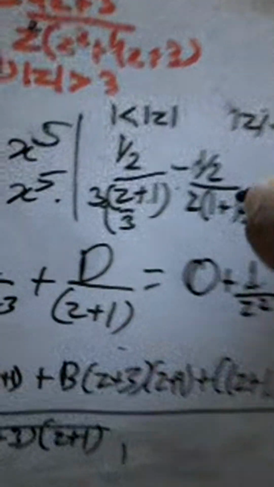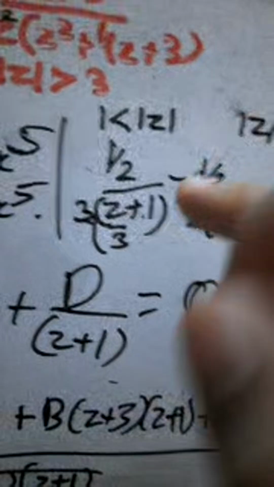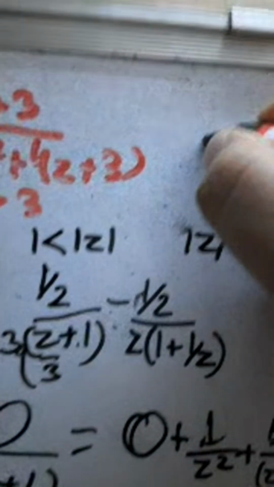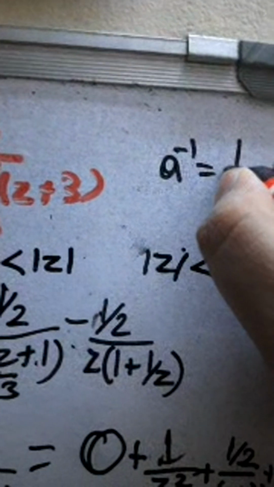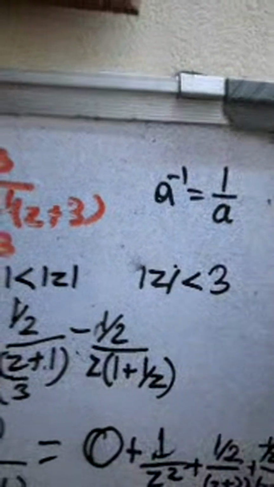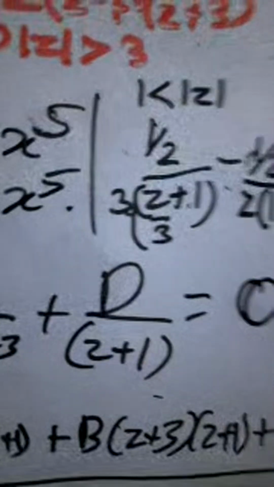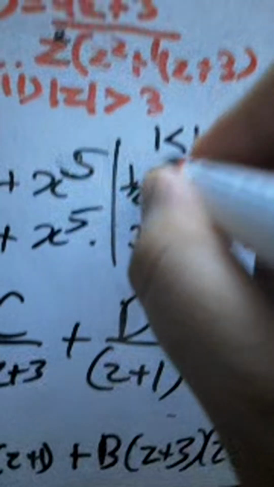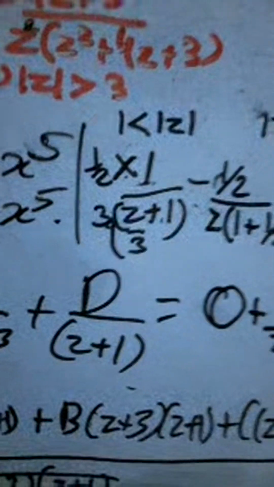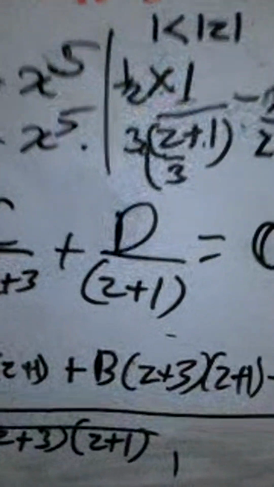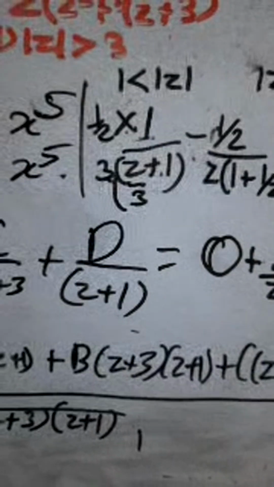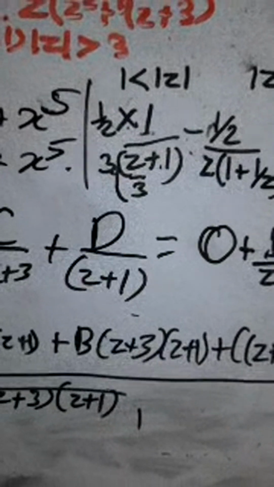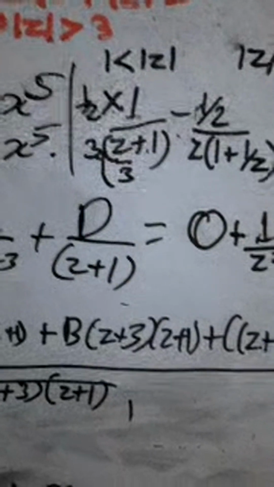So now, anything raised to minus 1 is 1 by a, right? So this is half multiplied by 1 by a. In fraction multiplication, numerator into numerator, denominator into denominator.